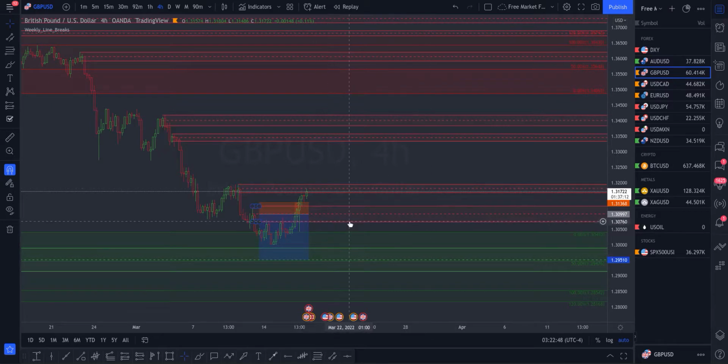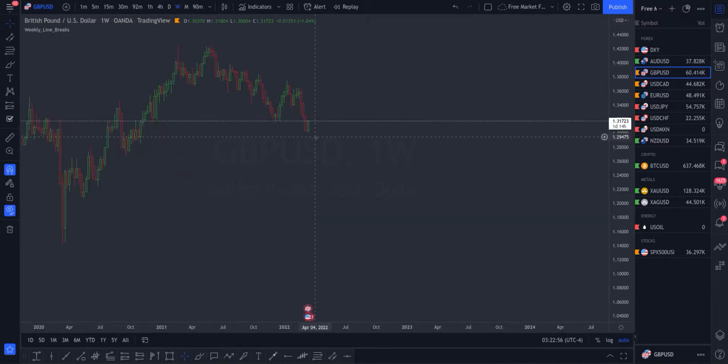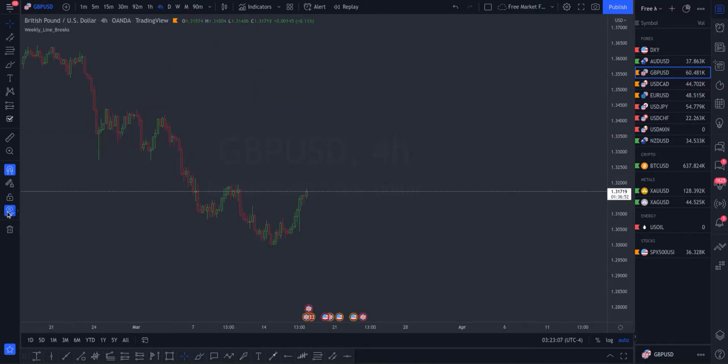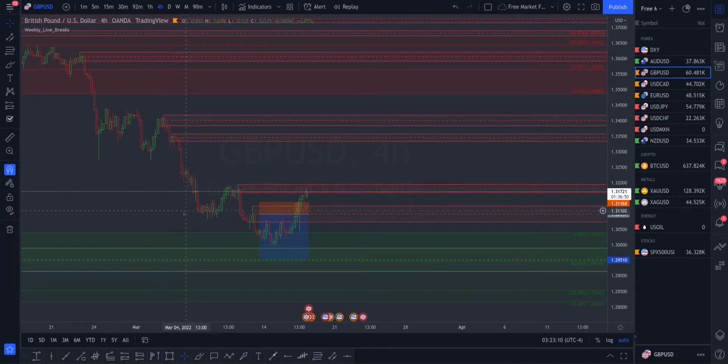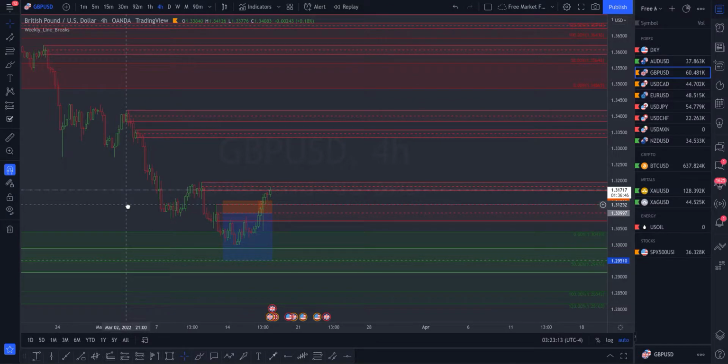We were looking for consolidation, and I'm going to take the drawings off so we can see this clearly. If we go to the week, this pair basically has been on the uptrend for the week. So short-term buys did not work out that great, but anyway, we trade zones and we wait for the confirmation to get in, to lower our risk.